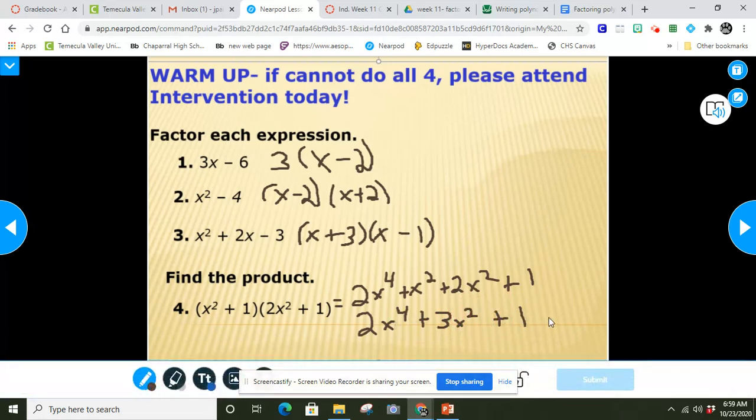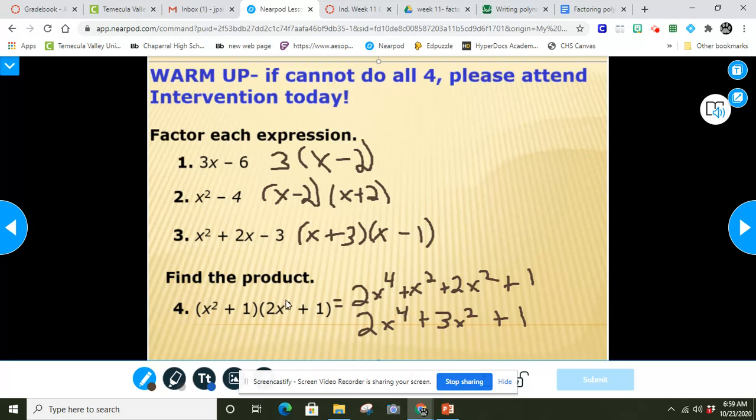Okay, so what is this? This is not a quadratic trinomial. This is a 4th degree trinomial. But the factored form looks very similar, right? It follows that same pattern. If I wanted to factor this 4th degree trinomial, the answer looks the same, except instead of x and x, I have x squared and x squared because it was x to the 4th. So this is even.